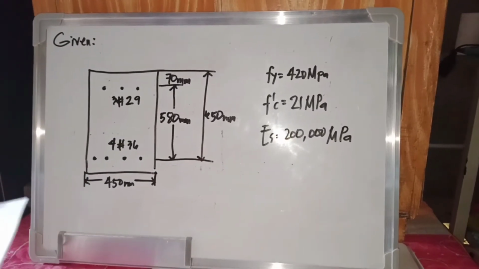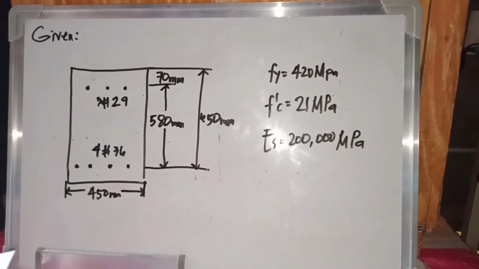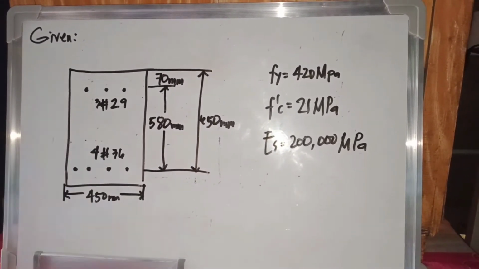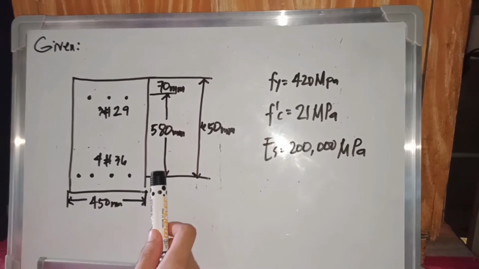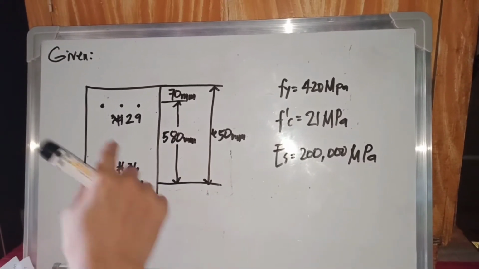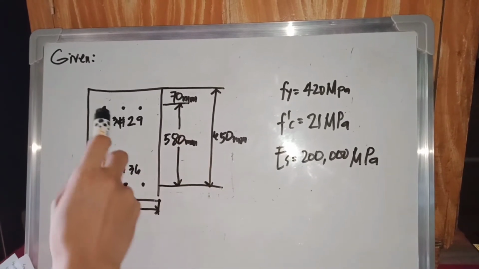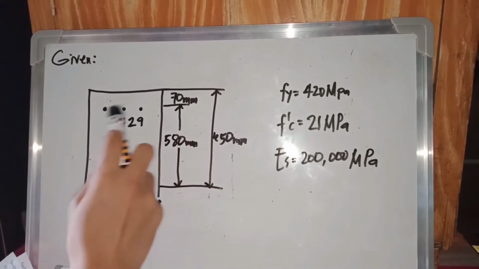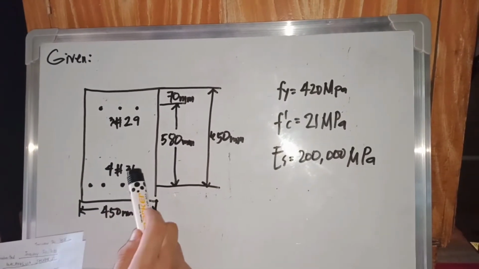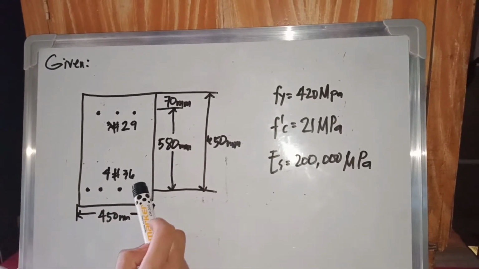So, to solve problem number 1, let us first determine the given. This is the figure of problem number 1, in which we can see that it has three steel bars with 29 mm diameter and 4 steel bars with 36 mm diameter.